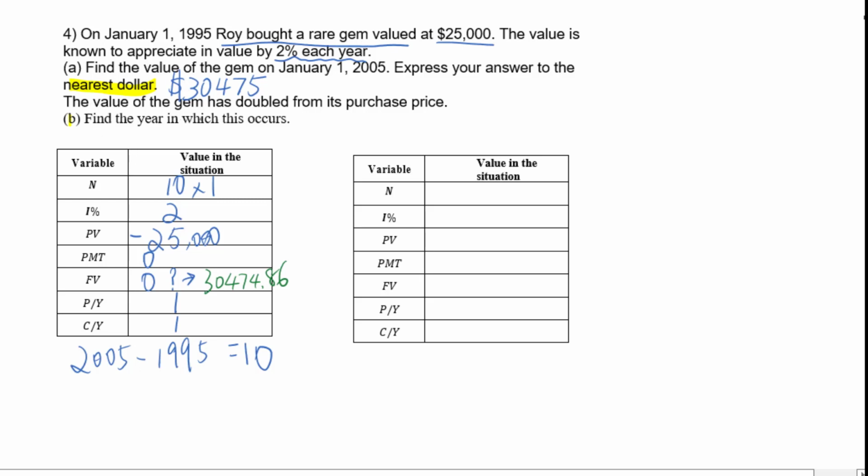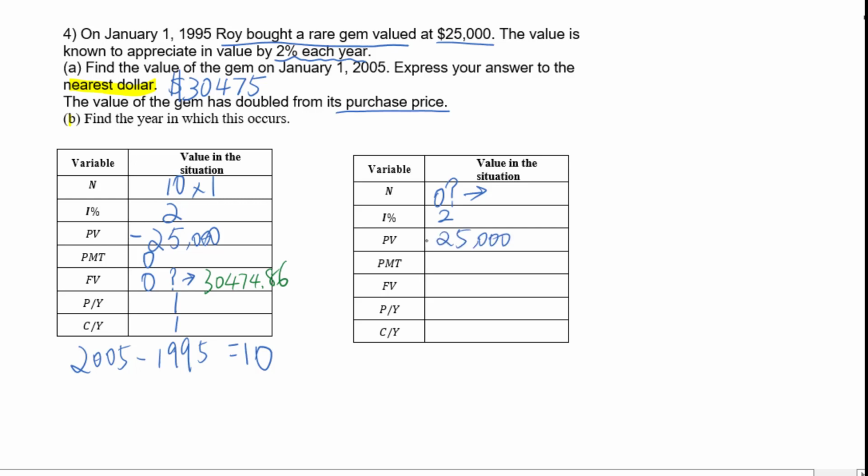The value of the gem has doubled from its purchase price. Find the year in which this occurs. We are looking for capital N, so we put the 0 first. The interest is 2%.